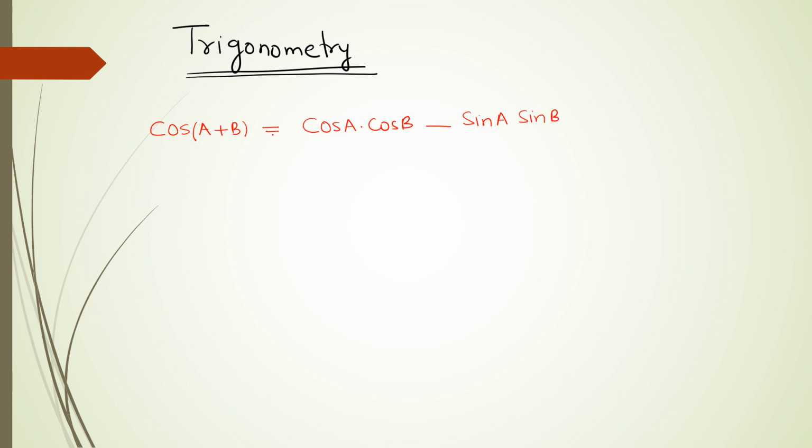Means cos of A plus B, this is the angle A and this is the angle B, that is equal to cos of A, we can write it in a bracket also, cos B minus sin of A into sin of B. Okay, and another one, we know cos of A minus B equals cos of A into cos of B minus sin, that is equal to plus.